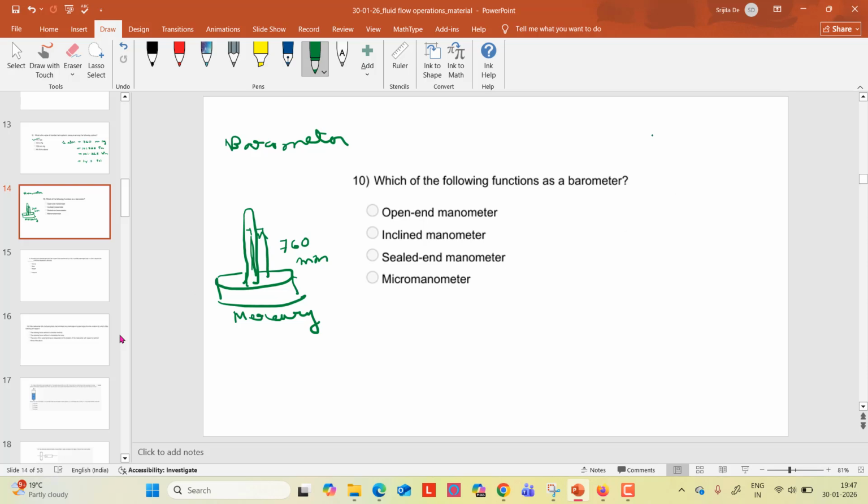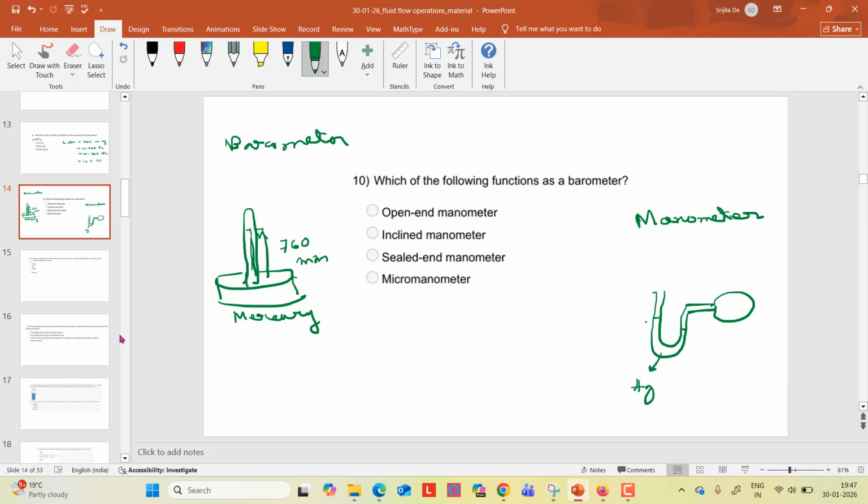And in case of a manometer, it is used to measure the pressure difference of a gas compared to the atmospheric pressure. So a gas is filled here, and this is a U-shaped column, and this is open to atmosphere. Then there is a liquid, mostly mercury. This is also Hg.